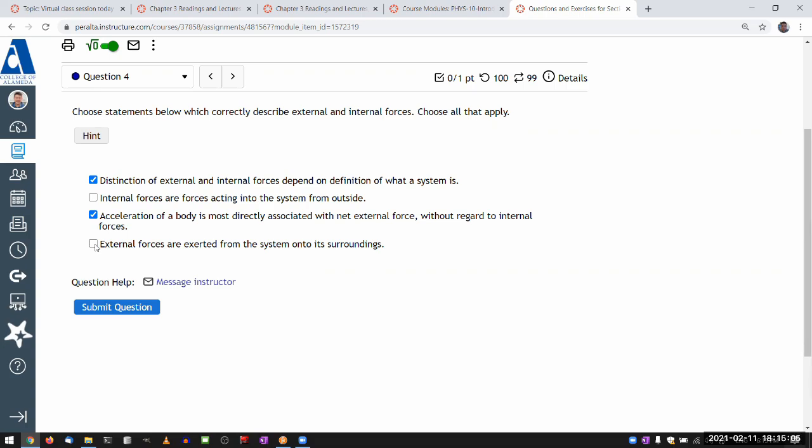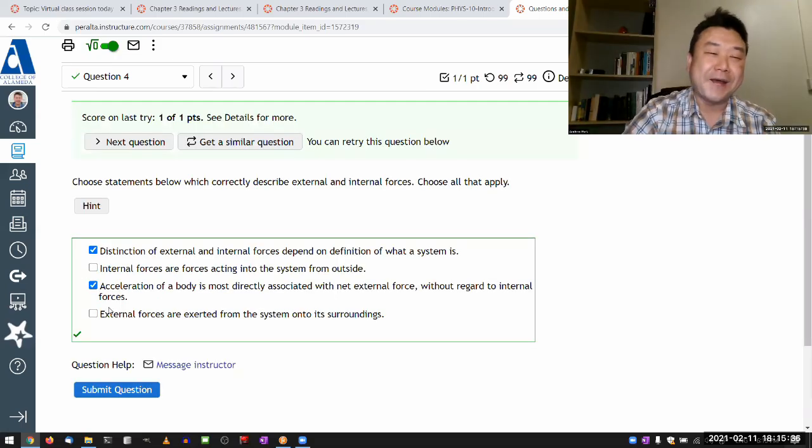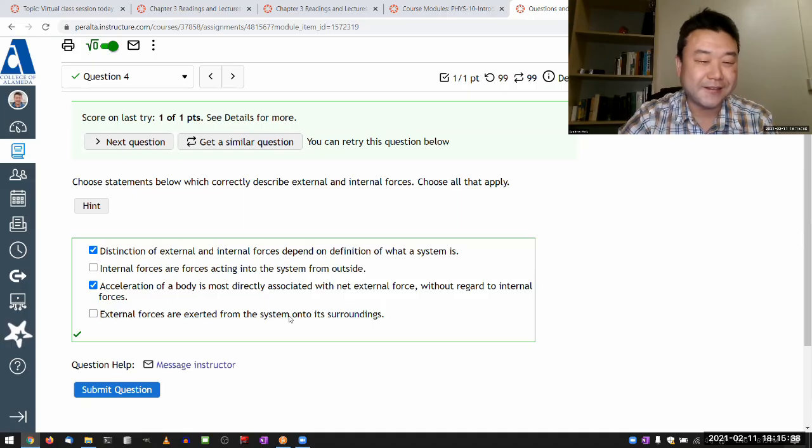My inclination is to say no, because if I were drawing a force diagram of the surroundings, I would illustrate that force as a force on the surroundings. But if I'm drawing a force diagram of the system, I wouldn't include those forces. Except that from Newton's third law, there should be a reaction force on the system. So let me not check it for now and just see how it goes. So this is the tricky choice.